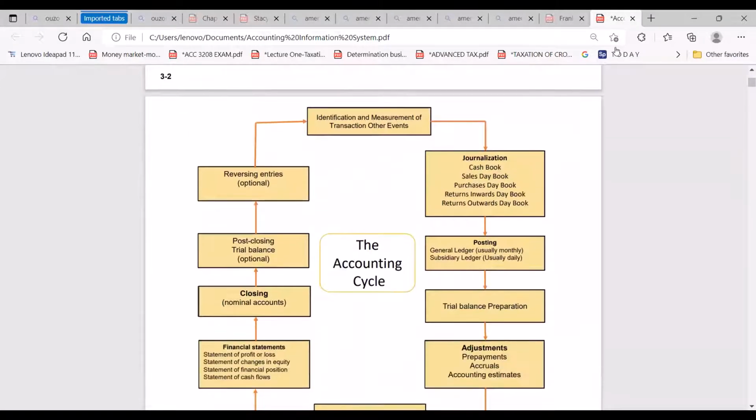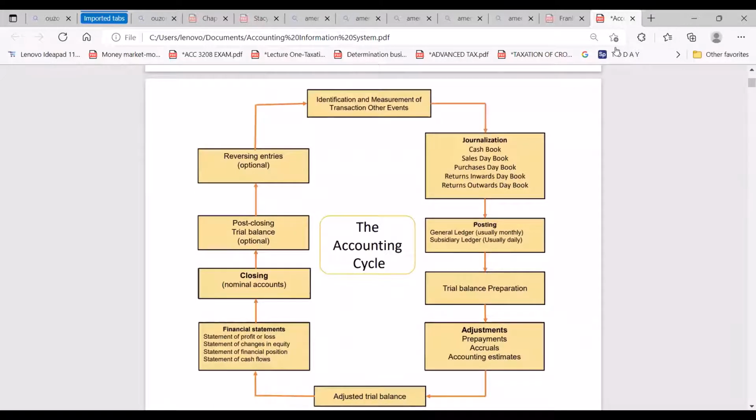Talking about the accounting cycle, these are the steps that are very important for you to understand. The first step is where accounting transactions and events are identified and measured. We shall talk about that in detail.